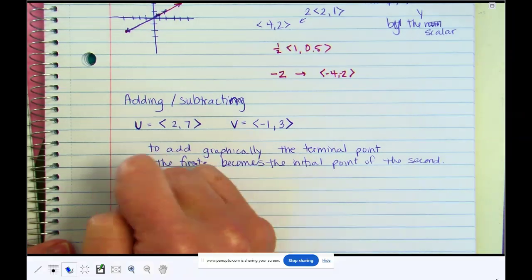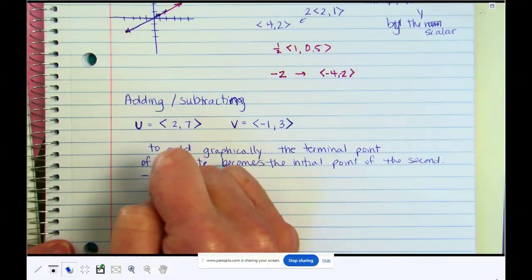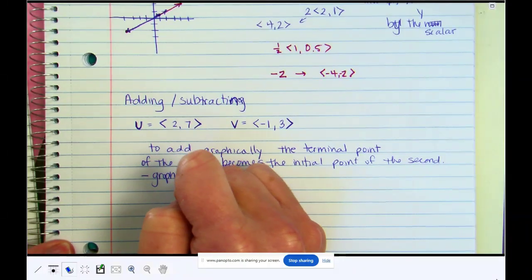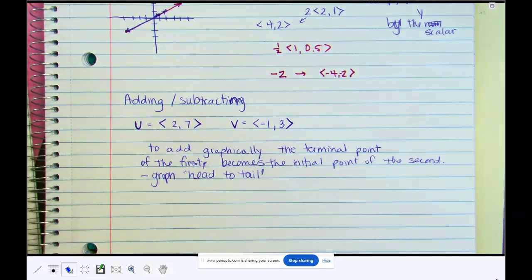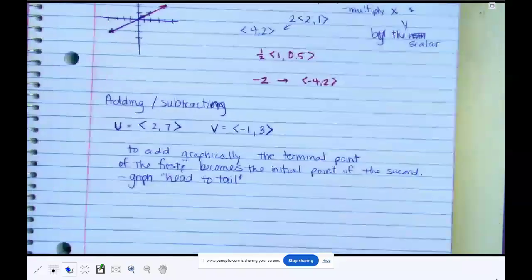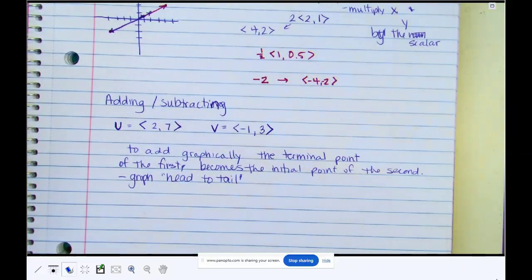So you're going to graph them head to tail. I don't know why it confused me when I was 15, but it did. Okay, so this, my people, is why we keep things in component form. Because if it's in component form, it's really easy.